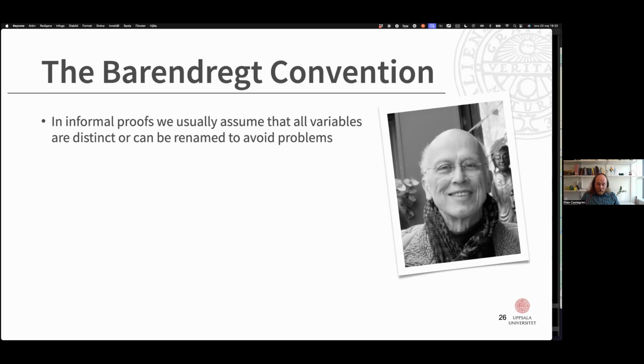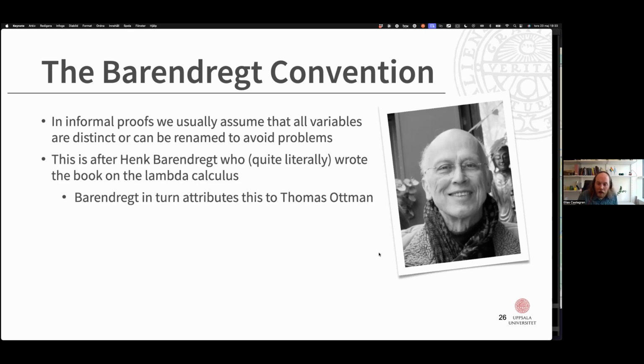This is Henk Barendregt. He's on the bigger picture here, who wrote the book called The Lambda Calculus, Its Semantics and Applications. I think, is it applications? It's to another mathematician called Thomas Ottmann.